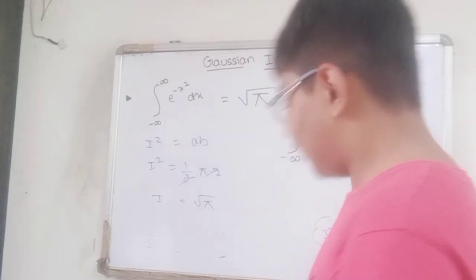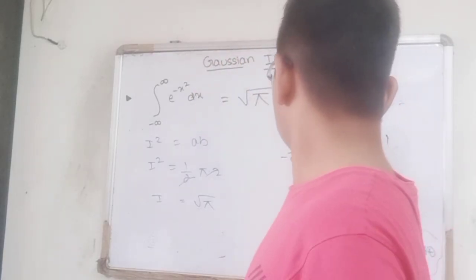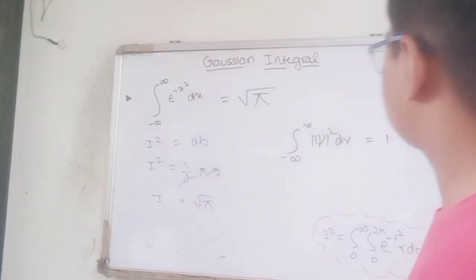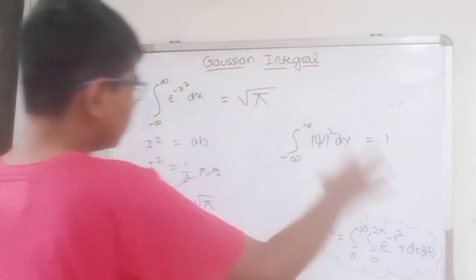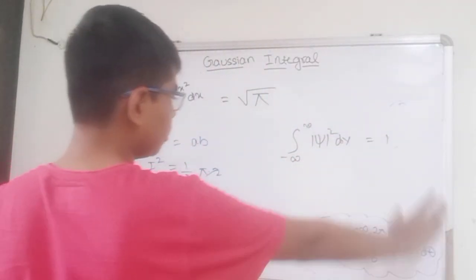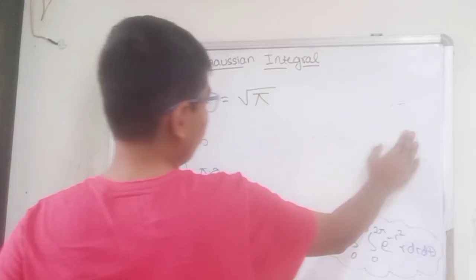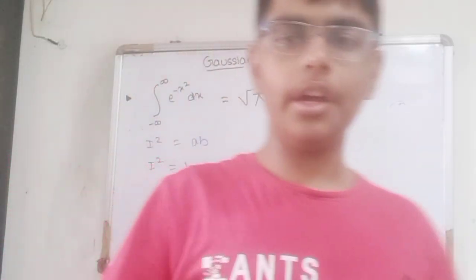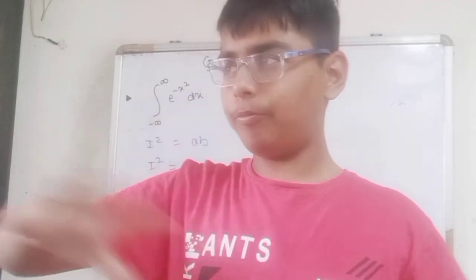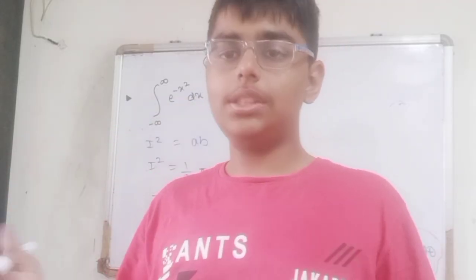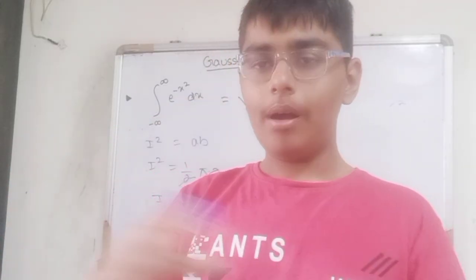What was the rule? That the area under the curve of the entire system, or the entire part where the particle can go, the probability is always 1.